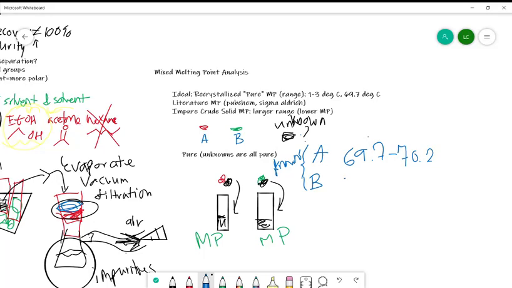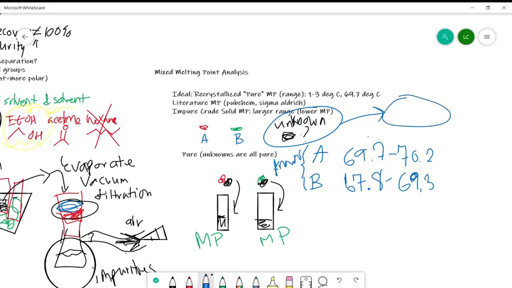And then B has a melting point of maybe like 67.8 to 70.1, or let's say 69.3. So you don't really know which one it is. So you take the unknown's melting point as a pure substance, and you find whatever the melting point is. I'm making up all these numbers. Let's say it's like 69 point.